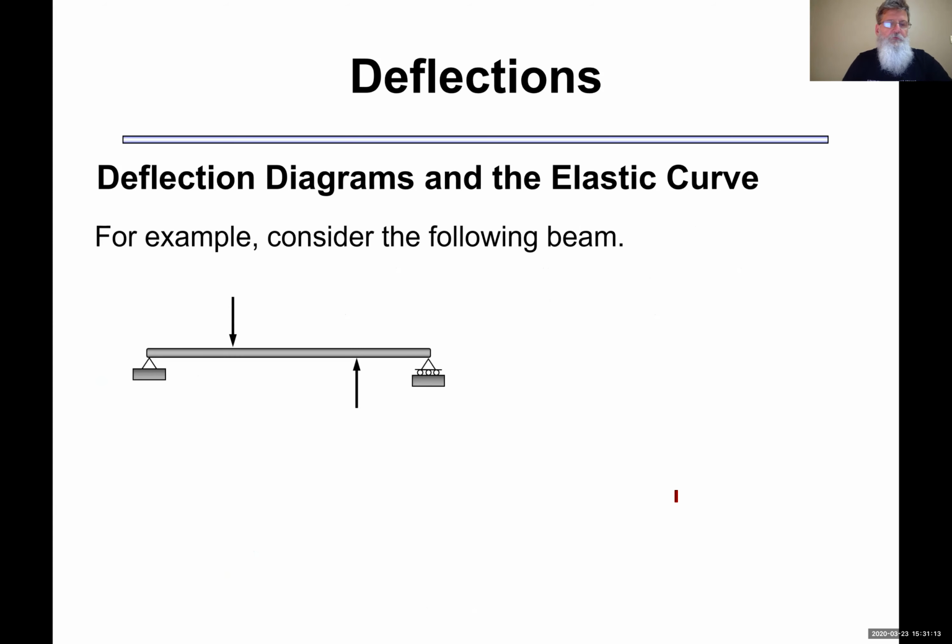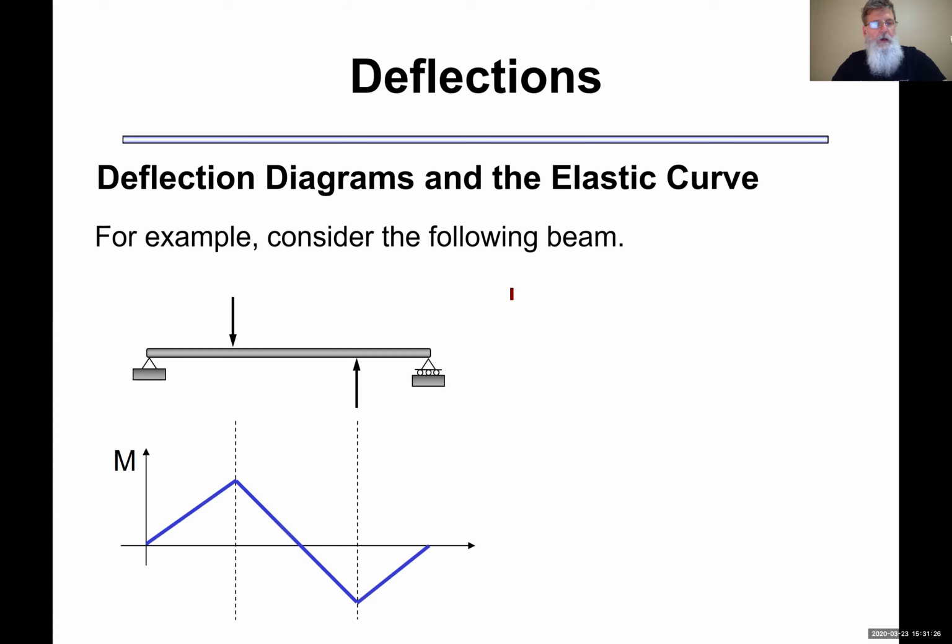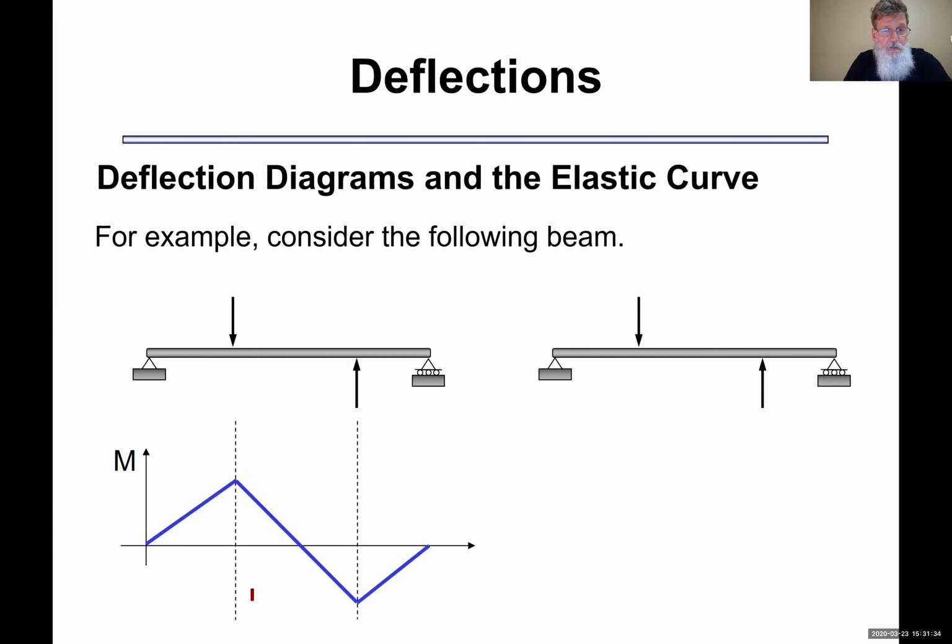So what about this beam? What sets this beam apart? Well, it's kind of an odd situation, but I did this as an example to show you that, again, given some time, you can draw the moment diagram. You'll see there's a section that has a positive moment and a section that has a negative moment. So if I'm going to try to draw this shape, you can say, hey, over this first part, it needs to bend something like that.